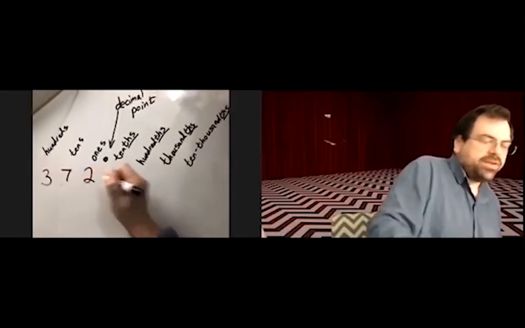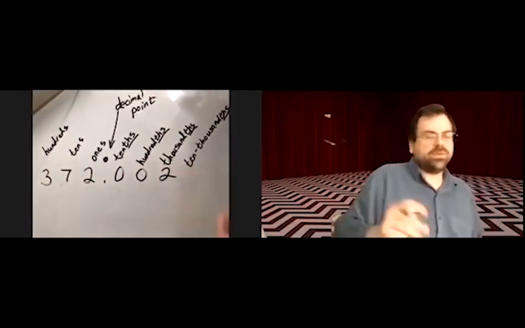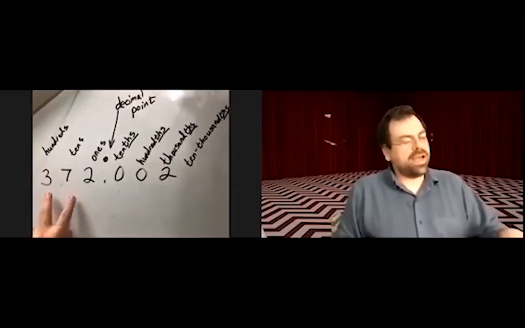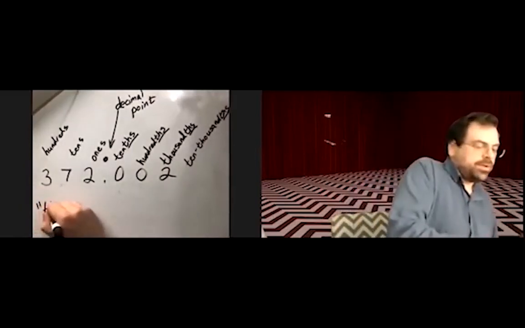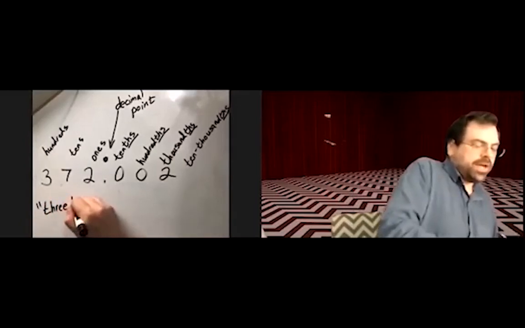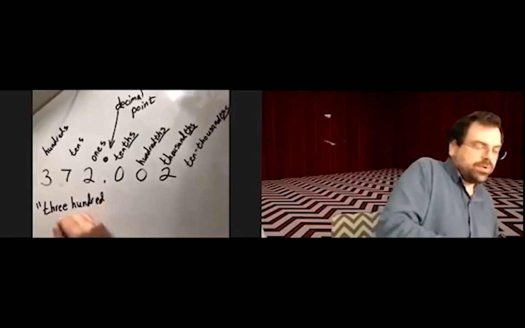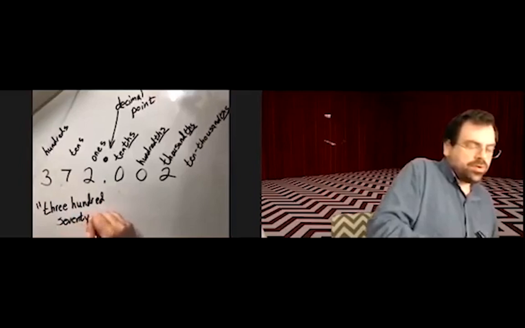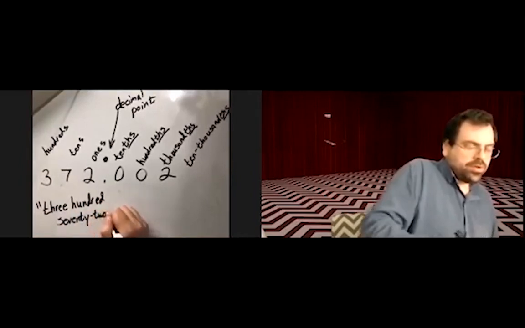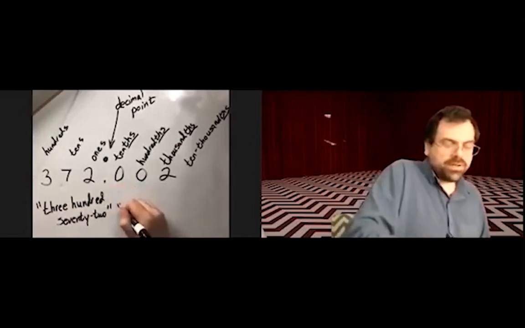Three, 7.2.002. Well, how do we say this? 372. Decimal point.